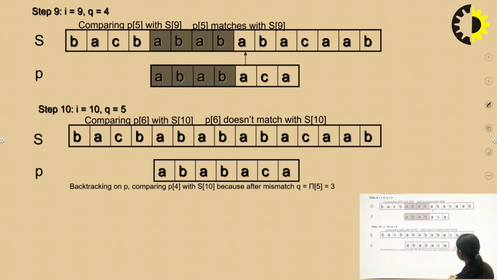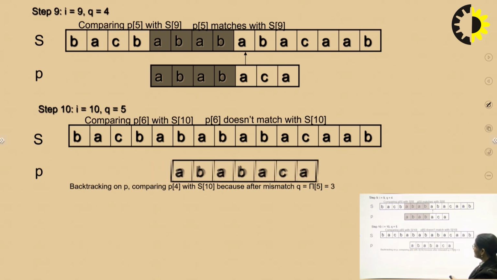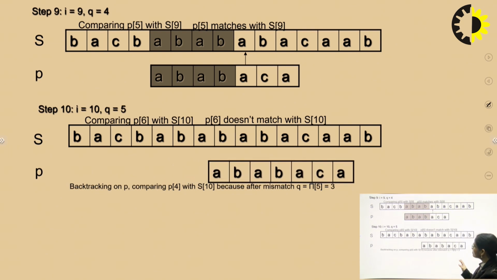In the prefix function, the value of pi5 equals 3. So we don't have to backtrack to our initial value; we backtrack only to 3. That is the advantage of the Knuth-Morris-Pratt algorithm, because we don't have to backtrack to the initial value. We backtrack to the position given by the prefix we calculated earlier.